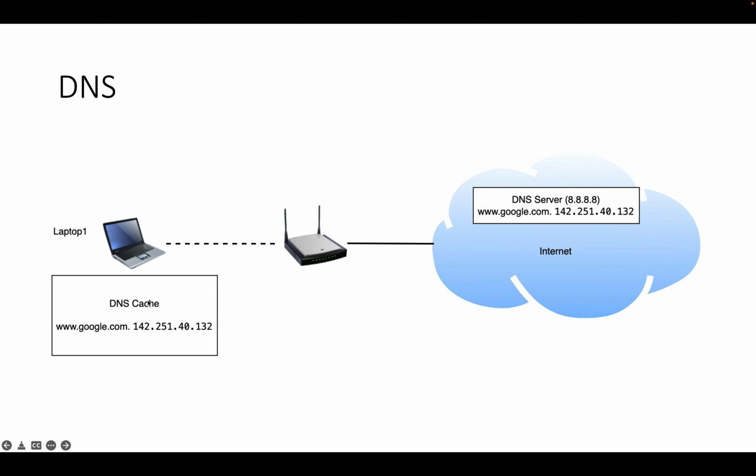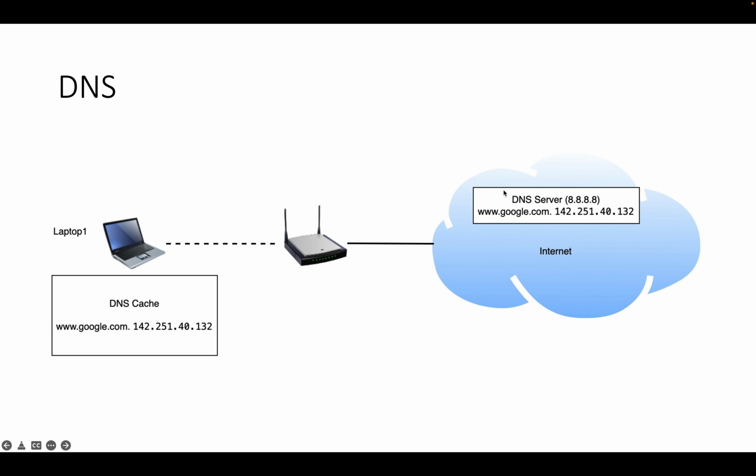Essentially, in a DNS protocol, you would have a DNS server somewhere on the internet. And there are multiple hierarchies. I don't want to go there, but let's assume for simplicity that there is a DNS server on the internet. Let's say the DNS server is listening on IP 8.8.8.8. That's the DNS server IP.